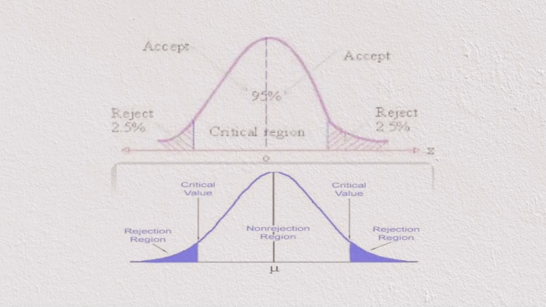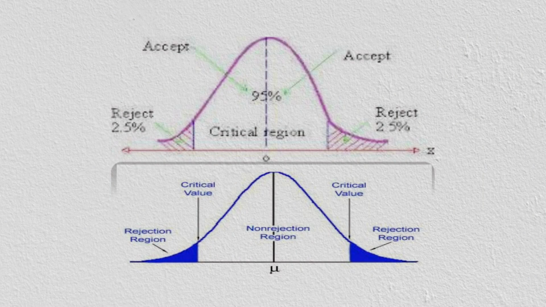If you see this particular image, I think it is quite useful for learning, as far as finding out the critical region, the accepted region, or the rejected region is concerned, and it is quite pictorial. We have the bell-shaped curve, and the reject percentage is 2.5, shown by the shaded area at both sides, in the negative and the positive direction on the x-axis.